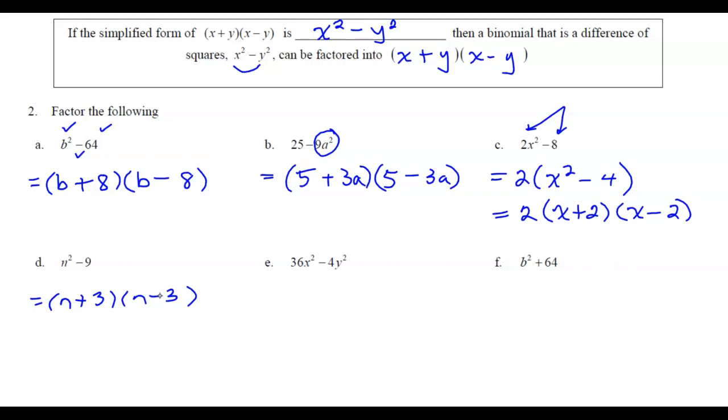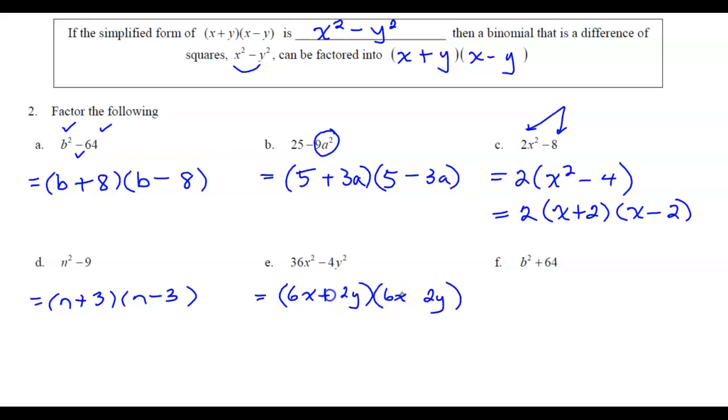Okay, looking at E, 36x squared is a perfect square, 4y squared is a perfect square. It's a difference, so you could factor it right now. We're going to notice something though if I do that right now. So don't copy what I do yet, but doing it that way, I would get 6x and 2y.